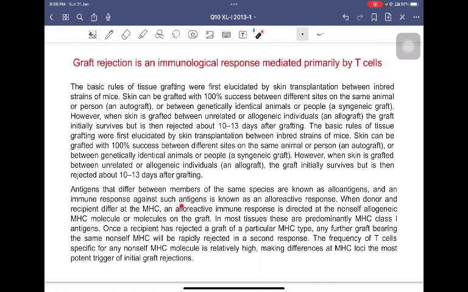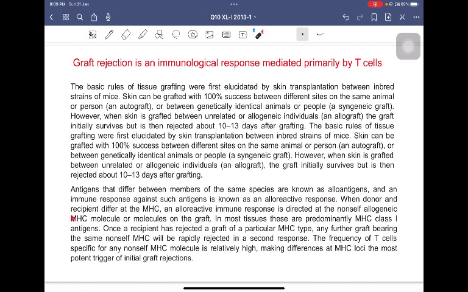And an immune response against such antigens is known as an alloreactive response. So antigens that differ between different individuals are called alloantigens, and when there is an immune response against such an antigen, this is called an alloreactive response.